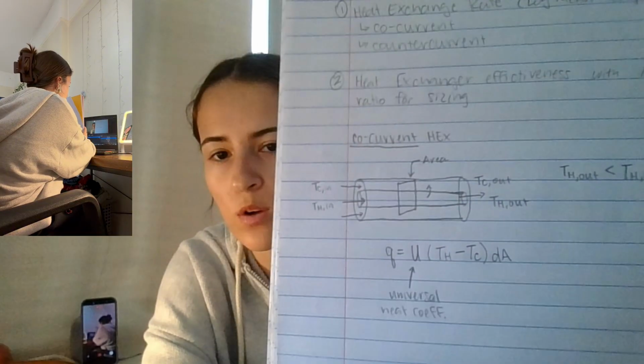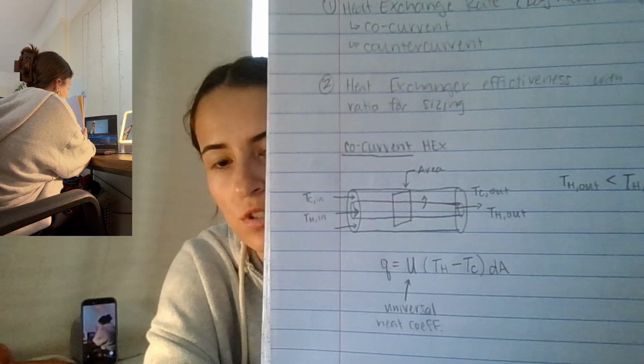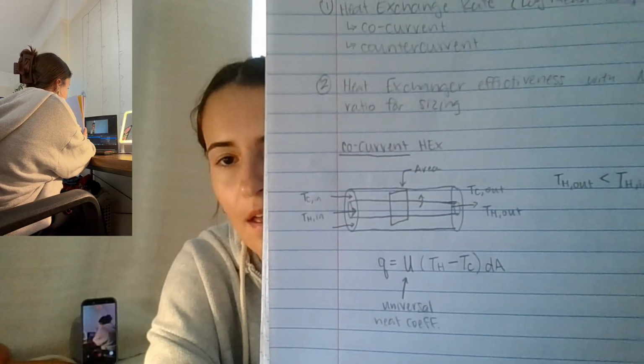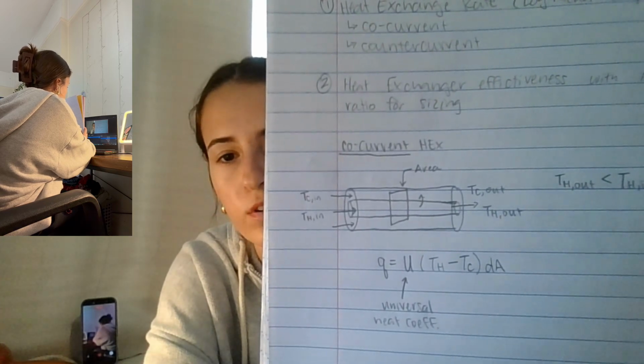So this is just our equation for showing how this heat is flowing, and the temperature is going to be going from the hot to the cold, and then we're looking at this over some certain area here with that universal heat coefficient coming into play.